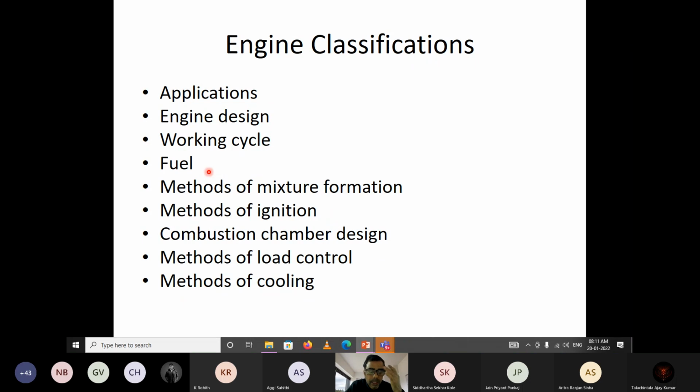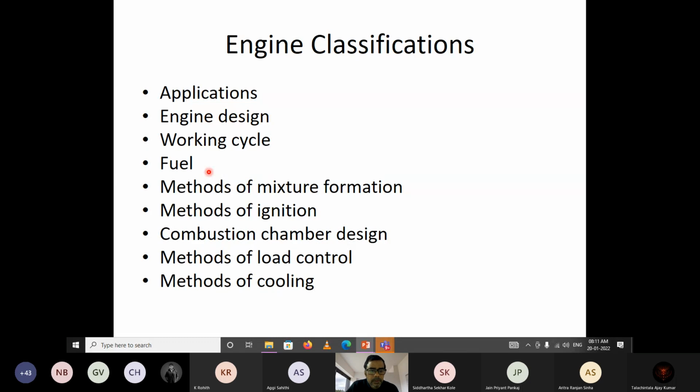But there are also different kinds of fuels used in the internal combustion engine, like CNG. Apart from gasoline and diesel, CNG, compressed natural gas, is the most commonly used fuel as of now in India or even all over the world.